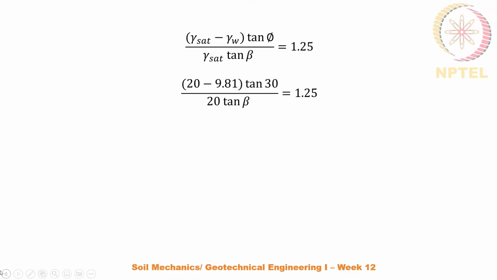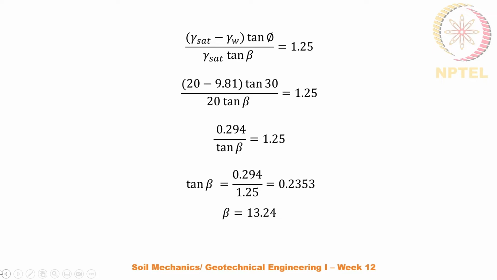Substituting, we have (20 minus 9.81) tan 30 by 20 tan beta is equal to 1.25, or tan beta is equal to 0.2353. So taking the inverse, we have beta is equal to 13.24 degrees. That is option D. Hope that is clear. So moving on to the fourth question.